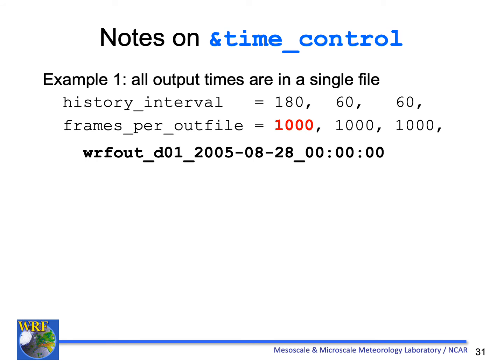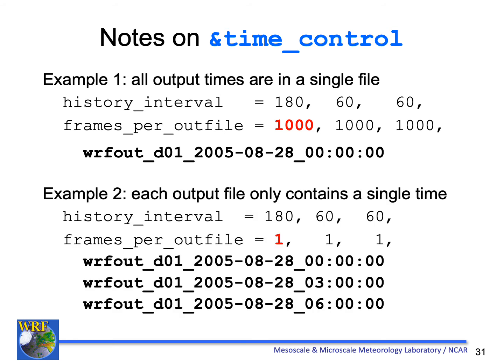Here we have two examples of how we use frames per out file to control the history file writes. In the first example, when a large value is used for the option, a single WRF file will be written, which can have up to 1,000 time periods in this history file.